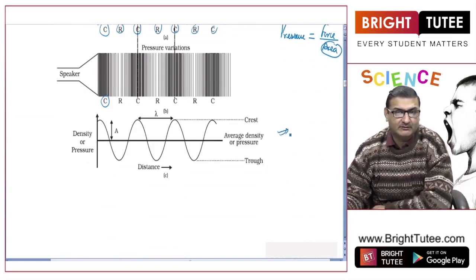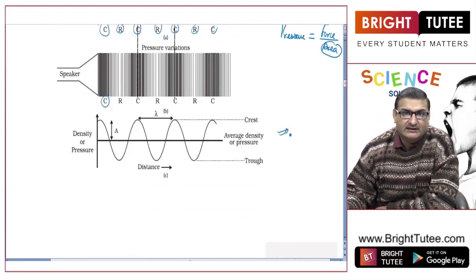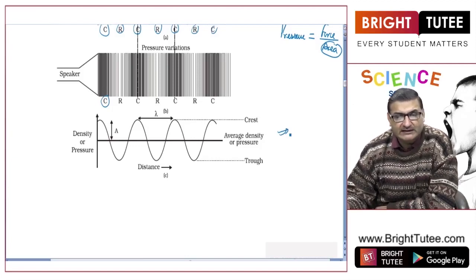Fine. Now let us see the graphical representation of sound waves, which is quite important. First thing to remember is that sound travels in the form of a vibratory motion or disturbance known as a wave, so we can use the term sound waves.